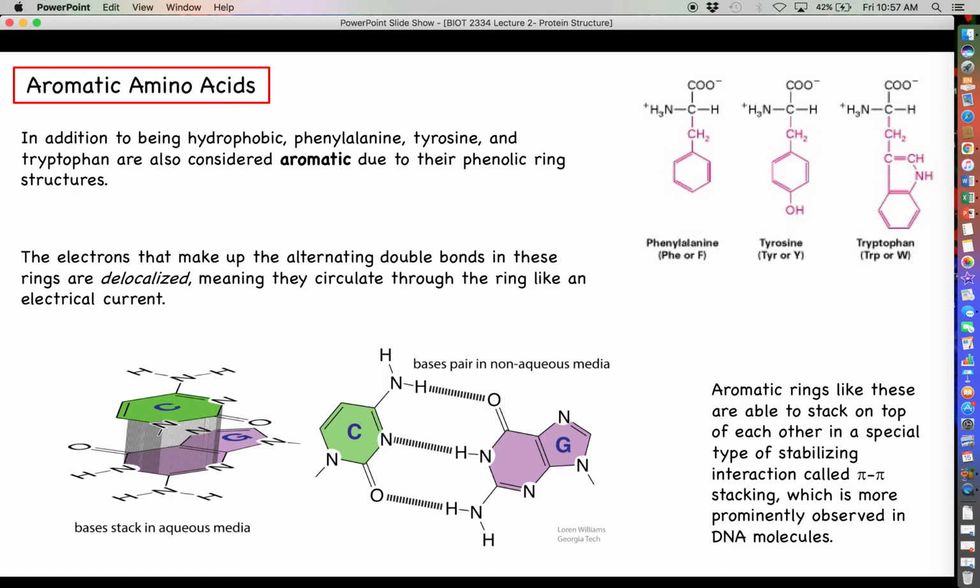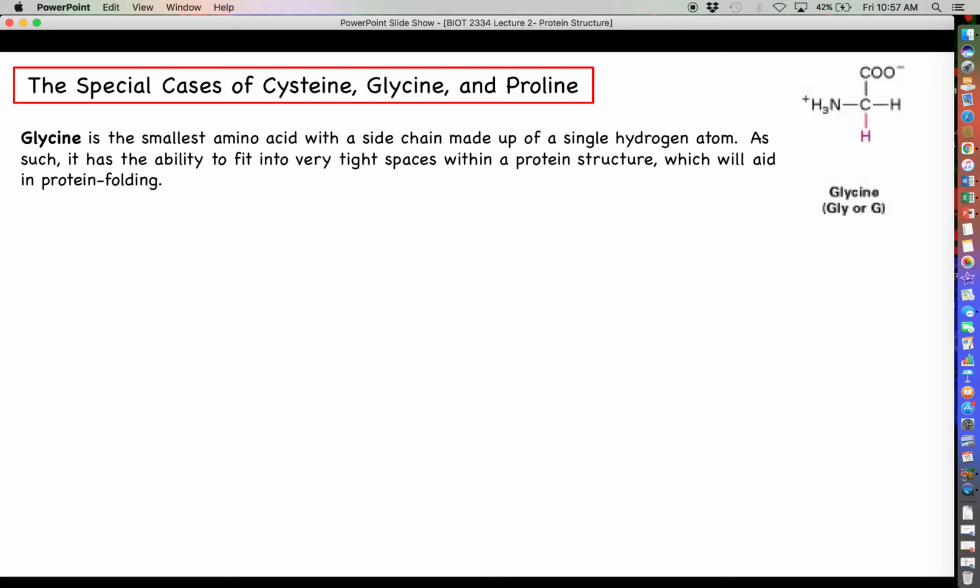This is something that you tend to see and discuss a lot more when you're talking about DNA molecules, in which those purine and pyrimidine rings like to stack on top of each other as you wind up through the double helix structure. But this is definitely something that you can see happening when proteins fold, where you can get, say, phenylalanine stacking on top of another phenylalanine, or a tyrosine stacking on top of a tryptophan, or something similar like that.